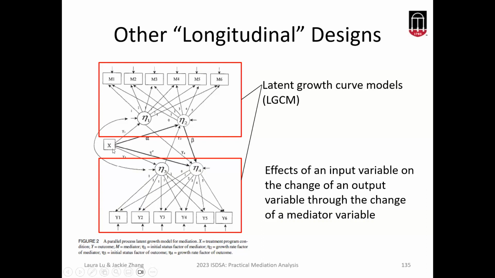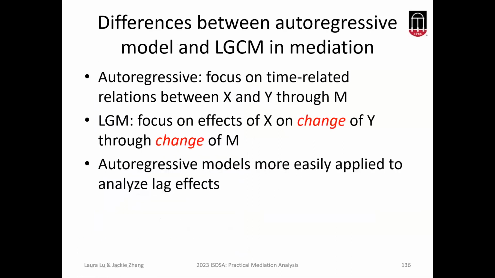X is the independent variable here, and X will influence the latent slope of M, which will influence the latent slope of the outcome Y. This is actually the latent growth curve model, but this part is mediation. Of course it's longitudinal because we have so many waves, with intercept and slope. So we may have many other longitudinal designs.